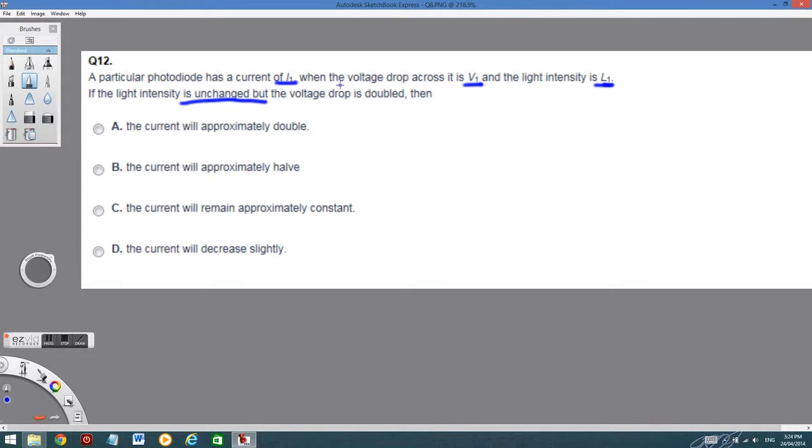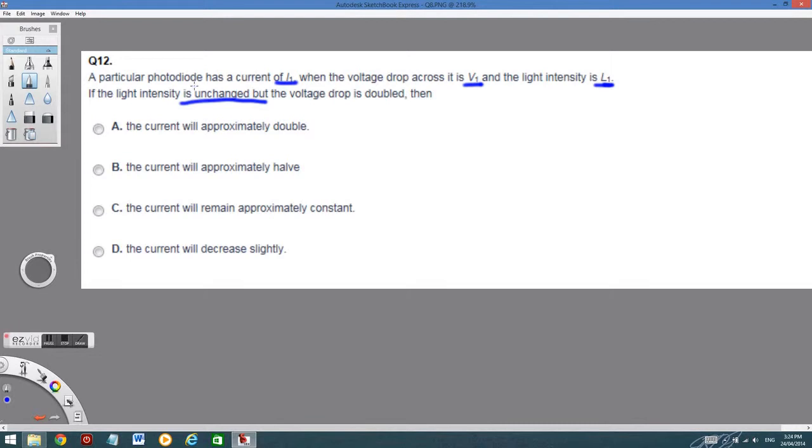Now, the idea is, remember the unique property of the photodiodes. The change of light intensity only influences the current. It's also the same the other way around.